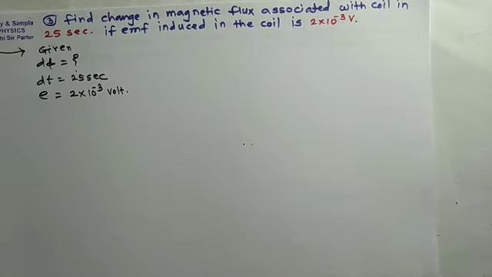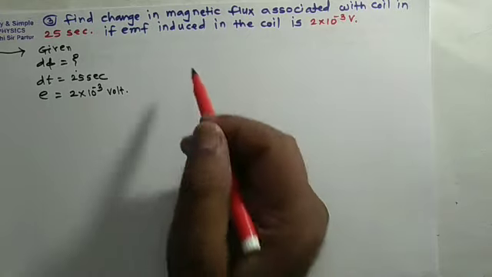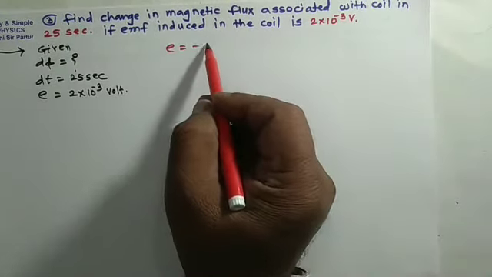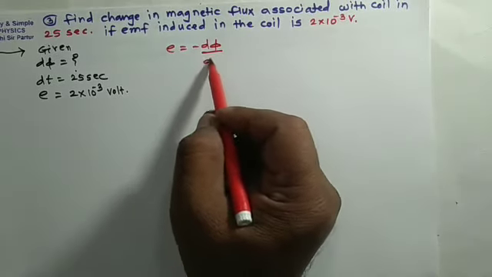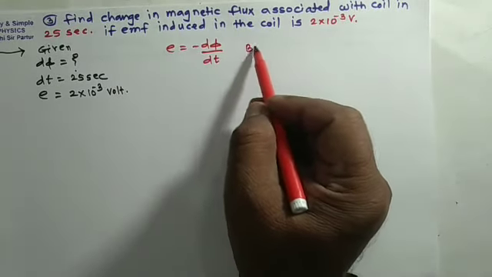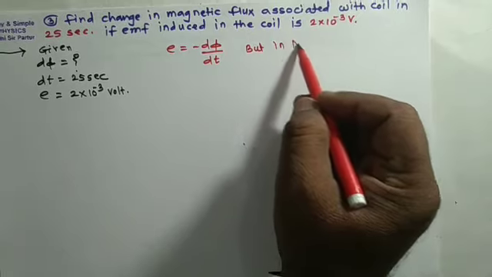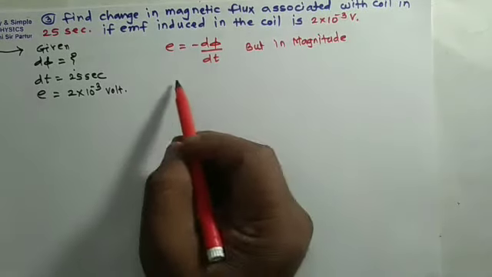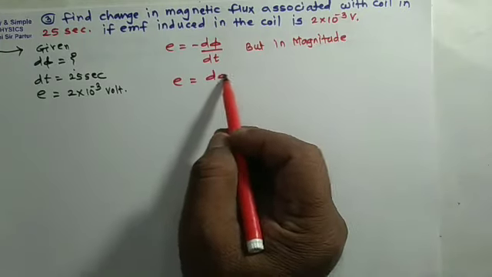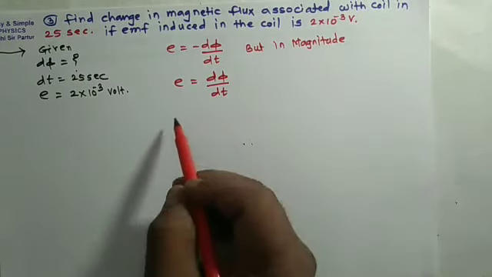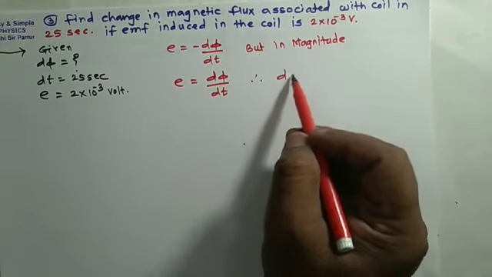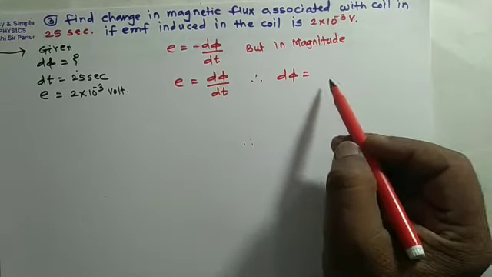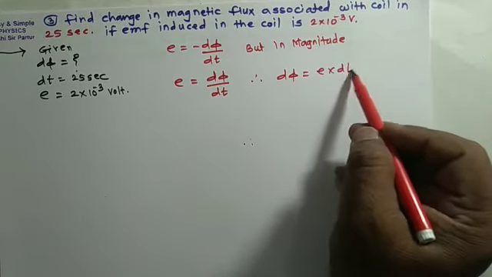So using Lenz's law, we can write E equal to minus d phi upon dt, but in magnitude we can take E equal to d phi upon dt. Therefore, change in magnetic flux d phi equal to E into dt.